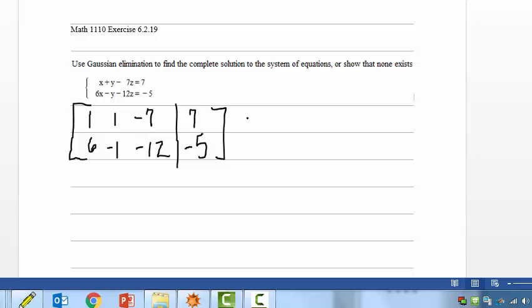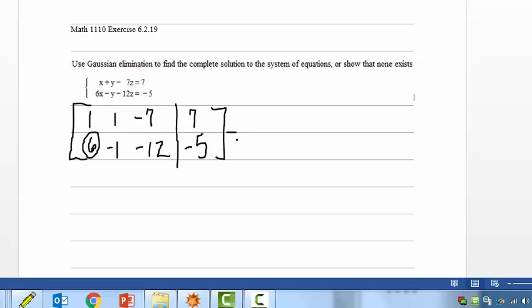Only option. Alright, so my first step is going to be to get a 0 in column 1. So notice my process is the same.